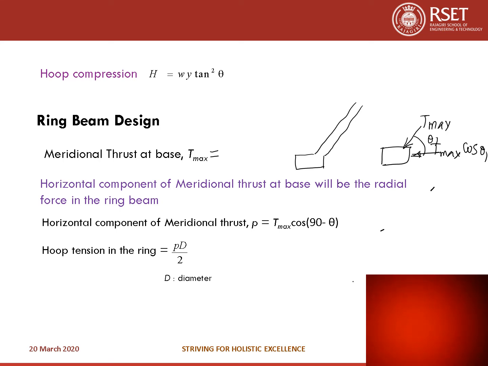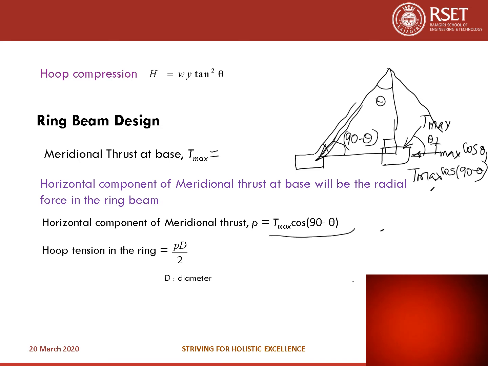So if you consider the geometry of the dome, you know this is theta. So the thrust will be in this direction. If you consider this right angle triangle, this is 90 degrees, so this angle will be 90 minus theta. So the horizontal component will be T max cos 90 minus theta.